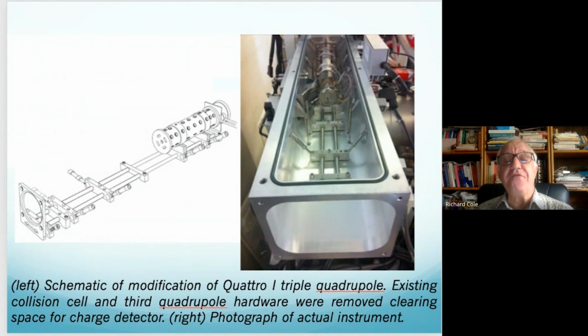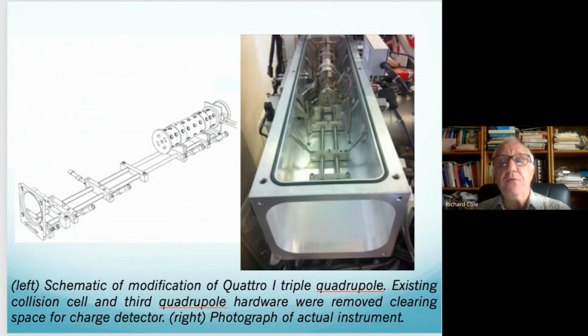We started off with very modest support, and our instrument was really based upon reconfiguring a vintage triple quadrupole. This was a Quattro 1 originally manufactured by Micromass, now Waters.